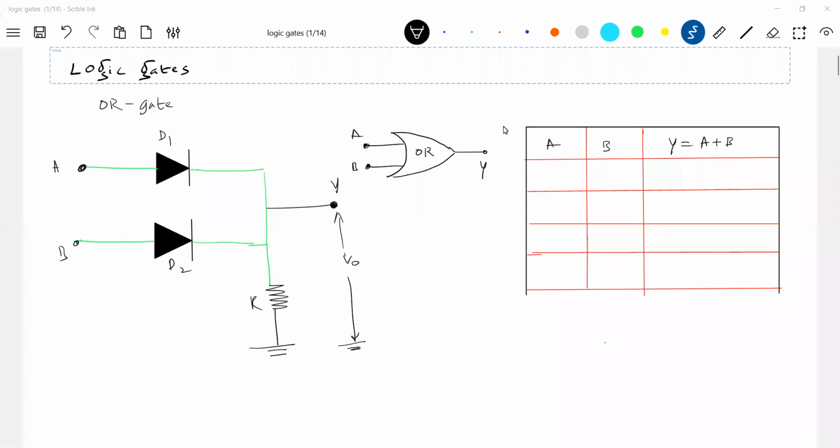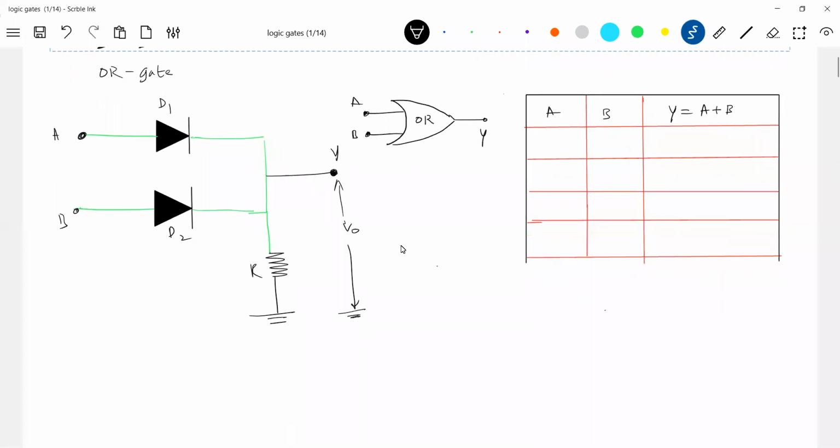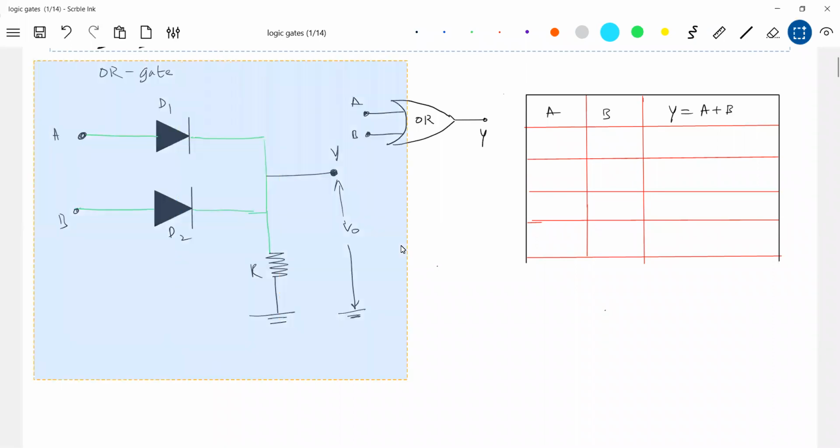First we'll study this circuit here. Logic OR means, first I'll make A as 0 volt. I think the diagram has become a little bit big. We'll make it small.